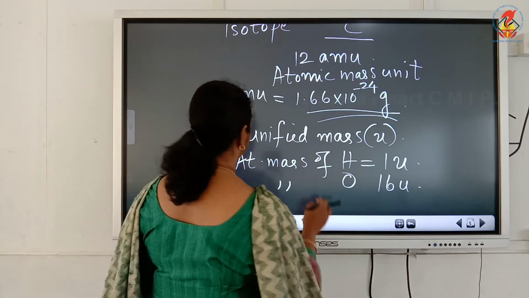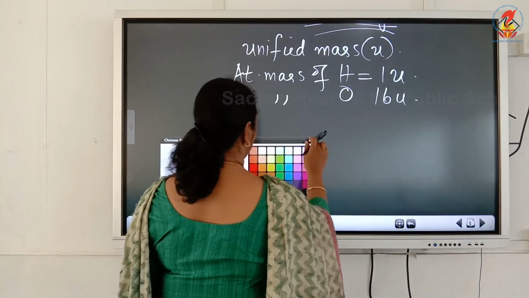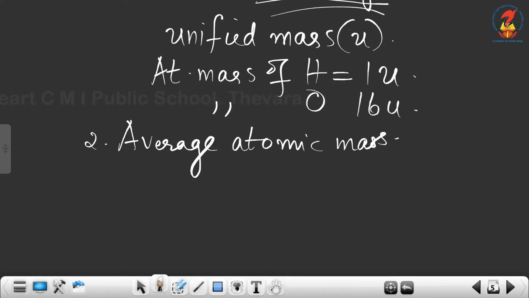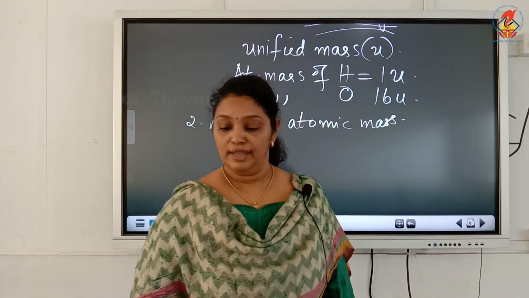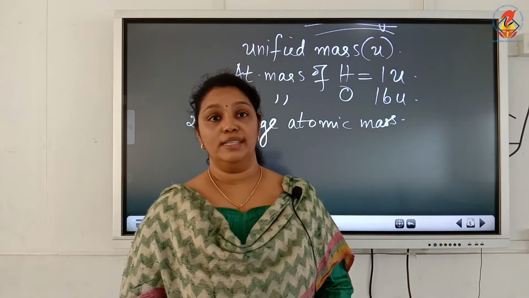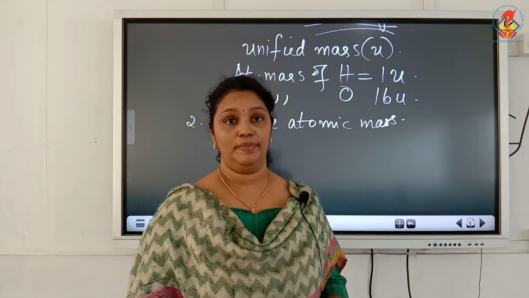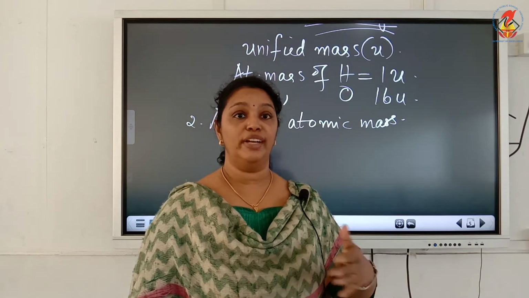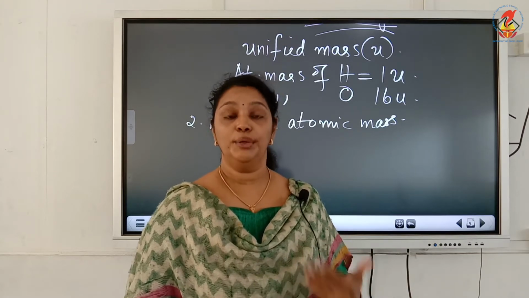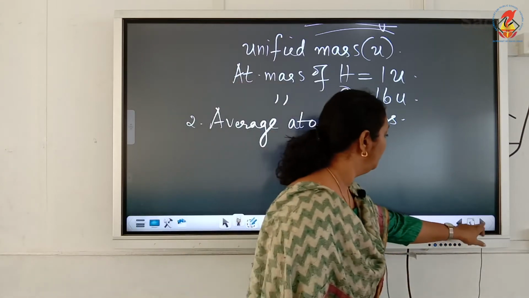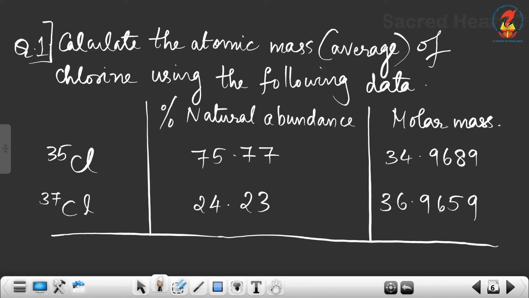Now next, let's see what we mean by average atomic mass. This average atomic mass is used in the case of elements which can exist as isotopes. If we have different isotopes of an element given, you can find the average atomic mass of that element. For example, I have written a problem on the board.